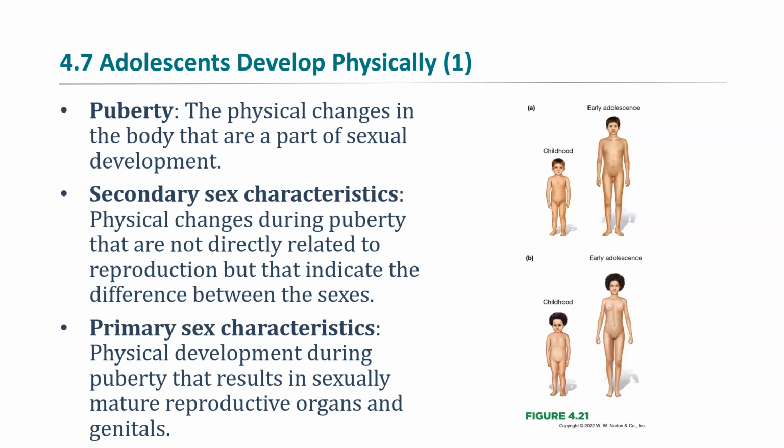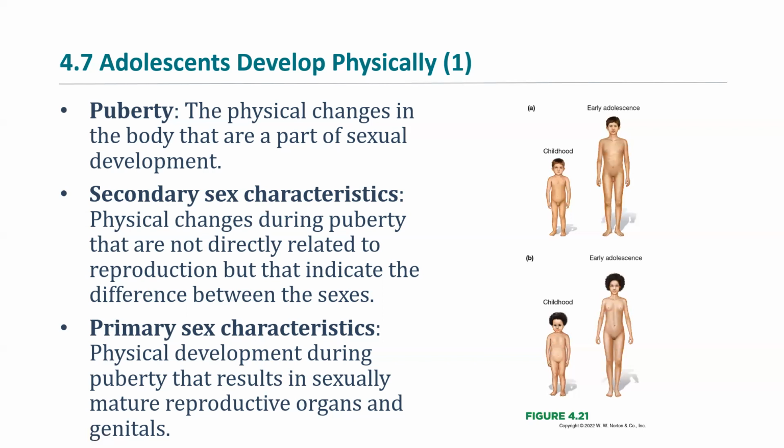And so the primary sex characteristics are the changes that affect your reproductive organs and genitals. We call them primary sexual characteristics because those are what are needed to reproduce.